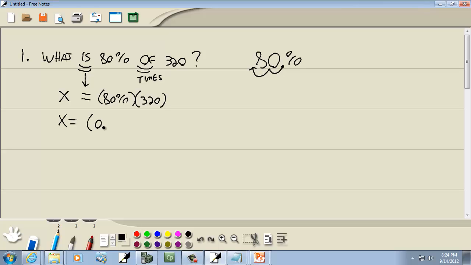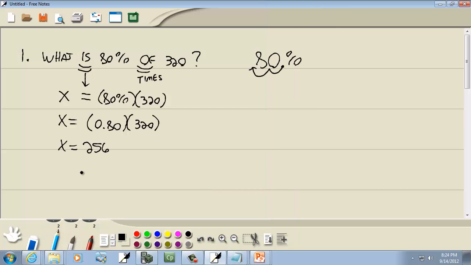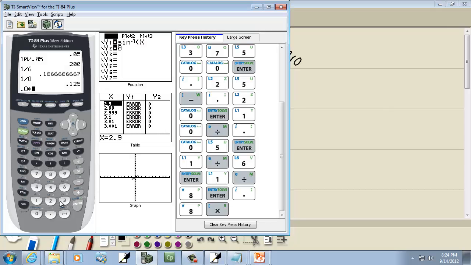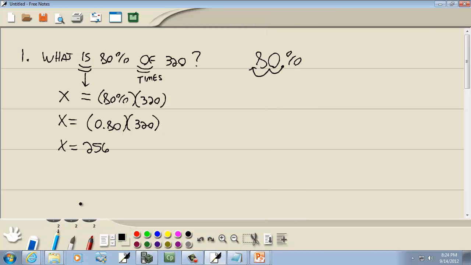So this would be 0.80 or 0.8 times 320. 256, I think. Let me go over my calculator and double check that. Let's see, 0.8 times 320, 256, yep. And that'd be your answer.